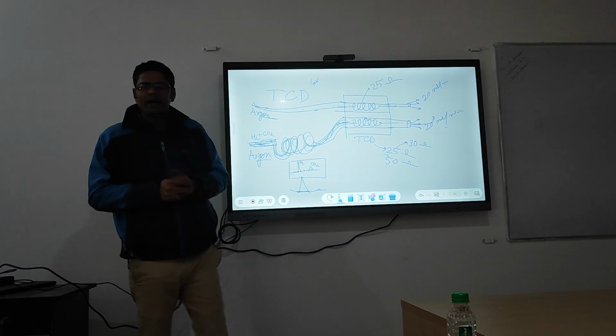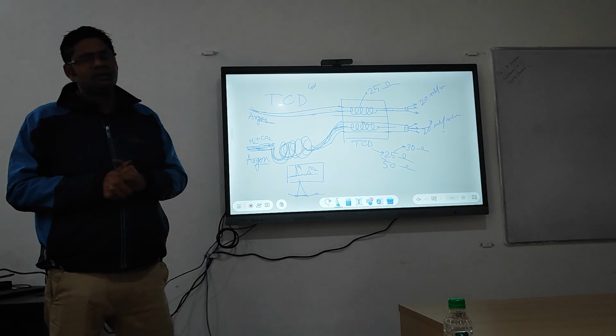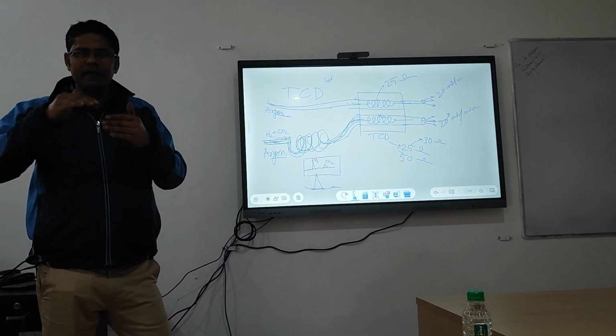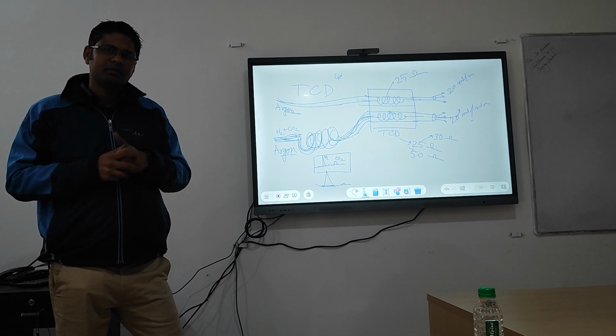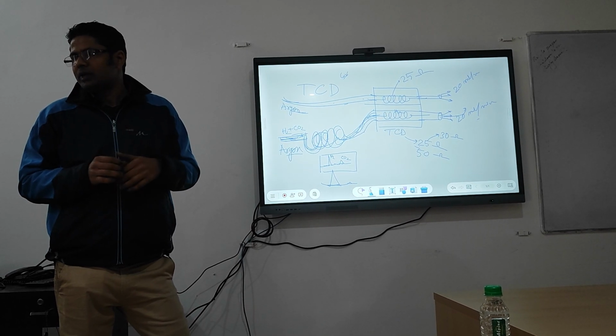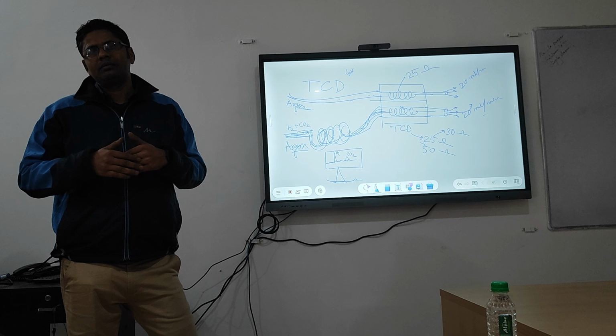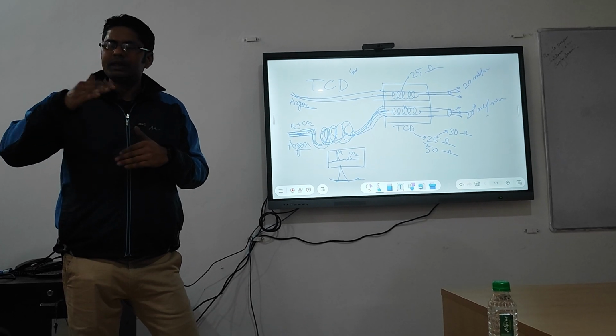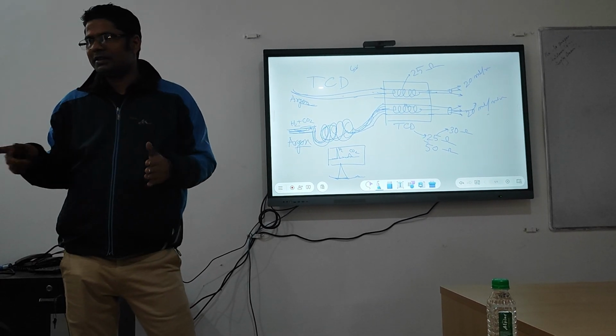So to work with TCD, you need to know the thermal conductivity of your carrier gas and your analyte. If the thermal conductivity difference is higher, then the sensitivity is also higher.